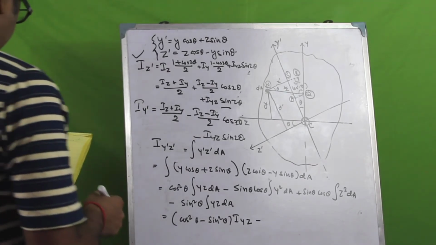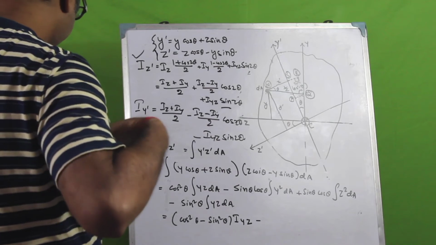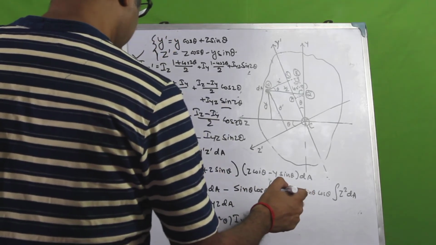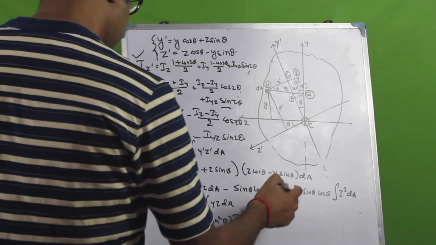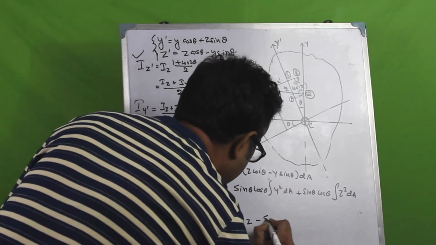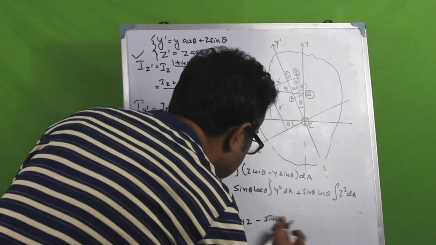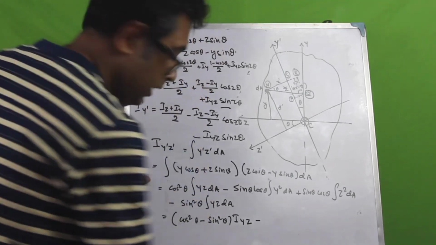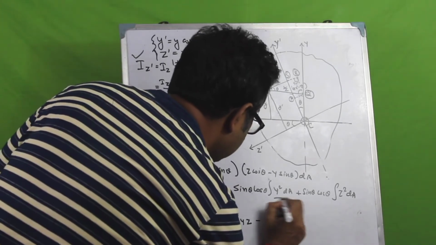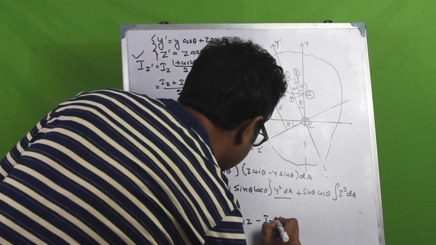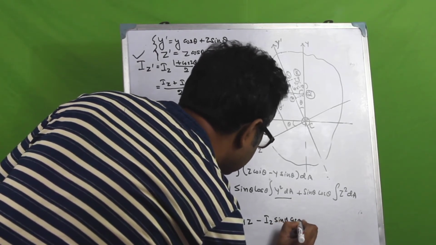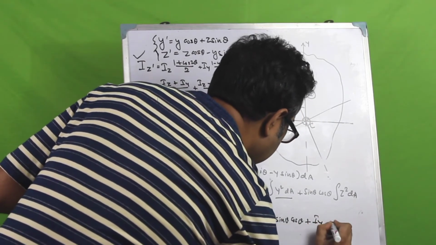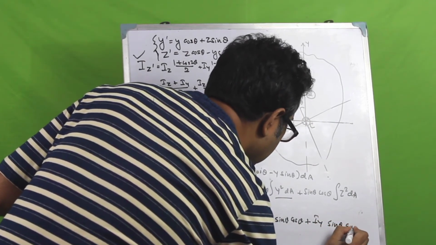Okay, now this one y square dA, right? So this is Iz, so Iz sin theta cos theta, and this one is Iy sin theta cos theta.